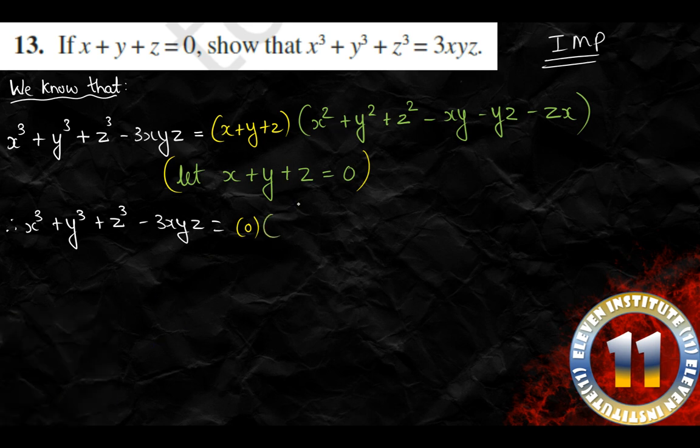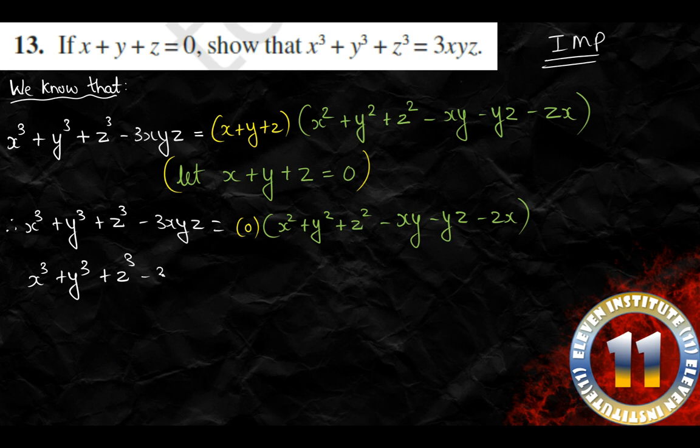Right, so rest means all this will remain as it is: x square plus y square plus z square minus xy minus yz minus zx. Right, so again we will write this, x cube plus y cube plus z cube minus 3xyz is equal to 0 into anything is 0.